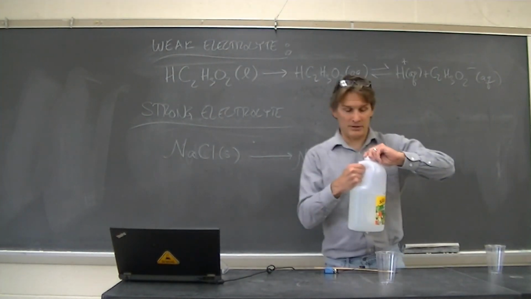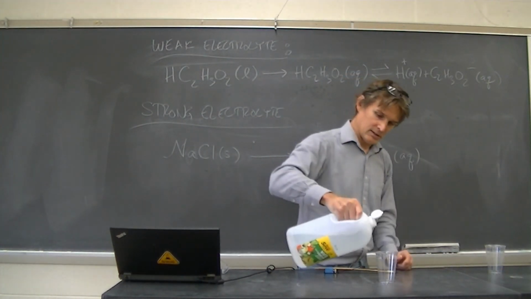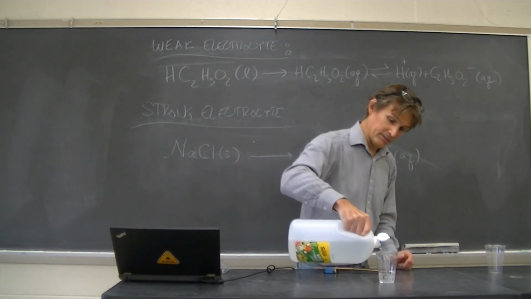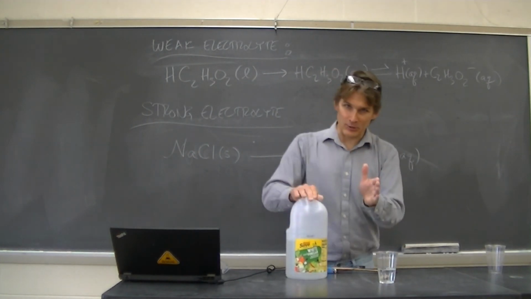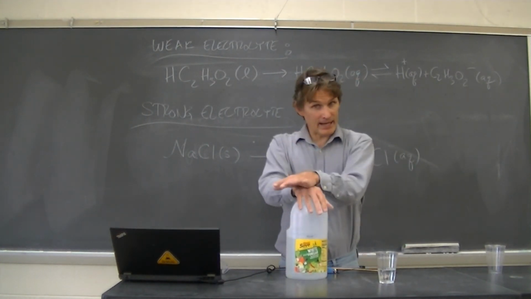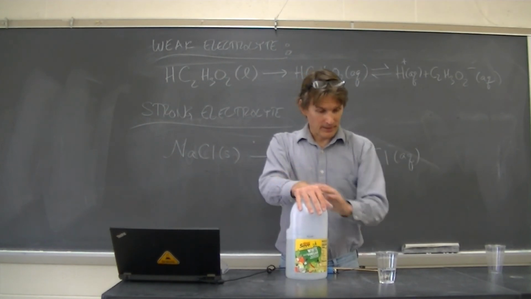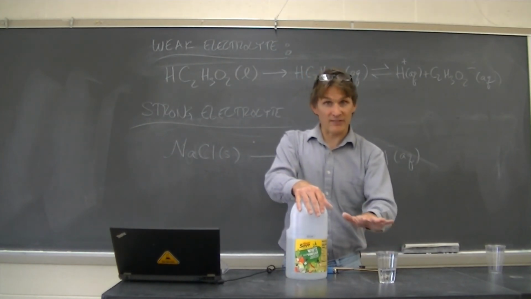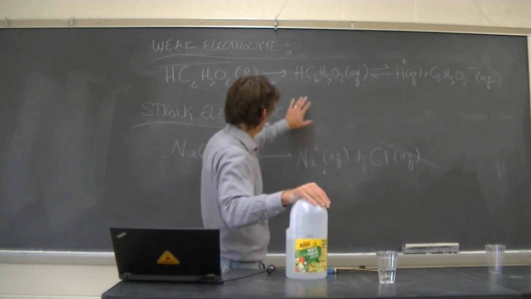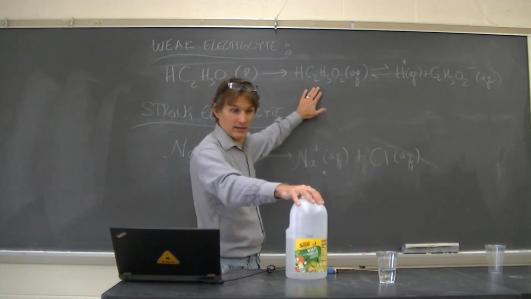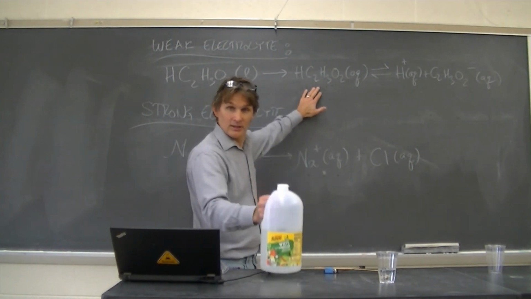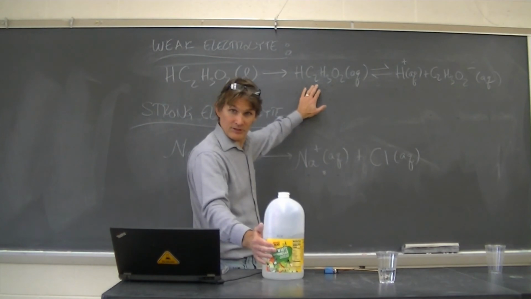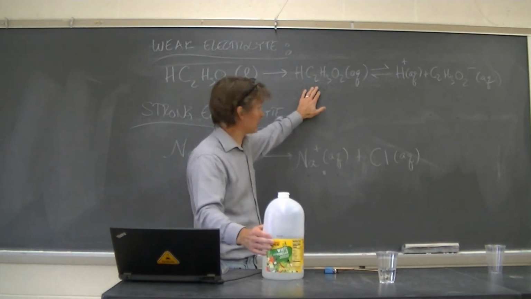So I'm going to take a little bit of vinegar, which is a weak electrolyte. Sorry, vinegar is not a weak electrolyte. Acetic acid is a weak electrolyte, and vinegar contains 5% acetic acid. So this is an appropriate way to symbolize what's in this jug: about 5 grams of this acid for every 95 grams of water.